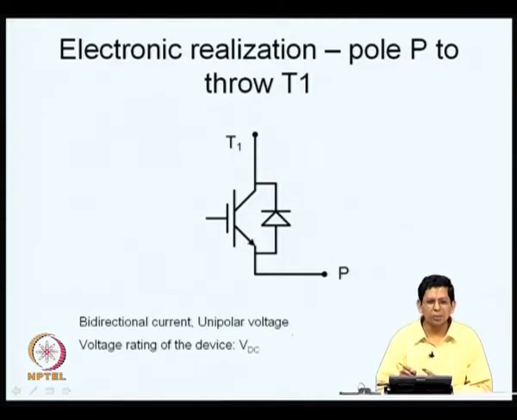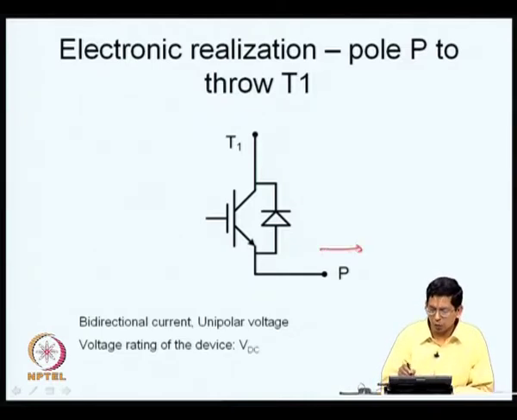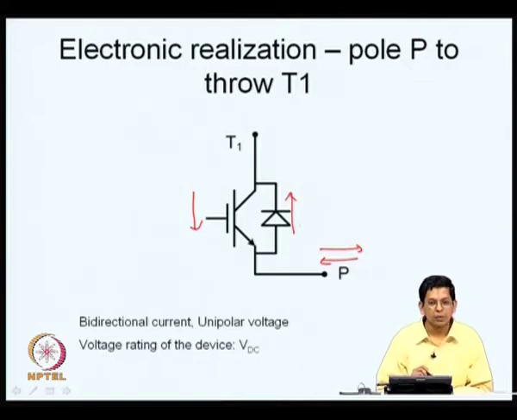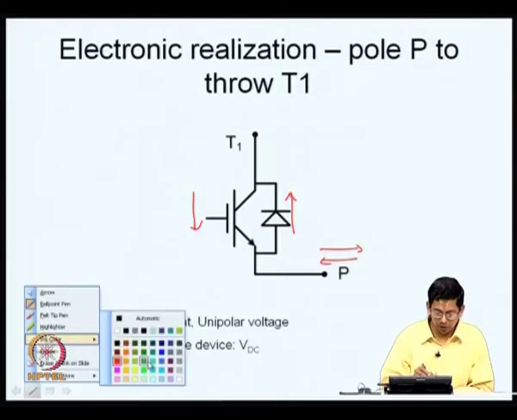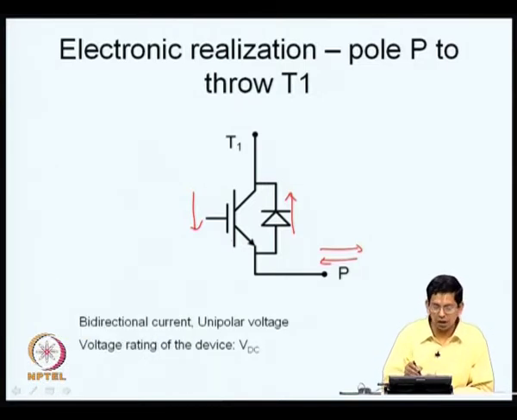This is quite similar to what we saw in a voltage source inverter. The current could be flowing in either direction, and therefore, we have a switch which is capable of conducting in both the directions, which is a transistor with an anti-parallel diode. So, these two can conduct in both the directions. When this switch is off, let me indicate with a different color ink, T1 can be positive with respect to P, and the potential blocked needs to be VDC.